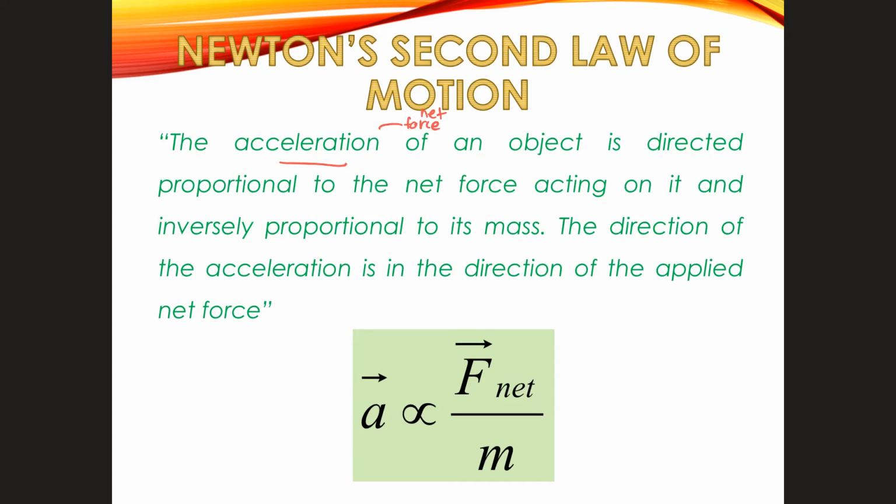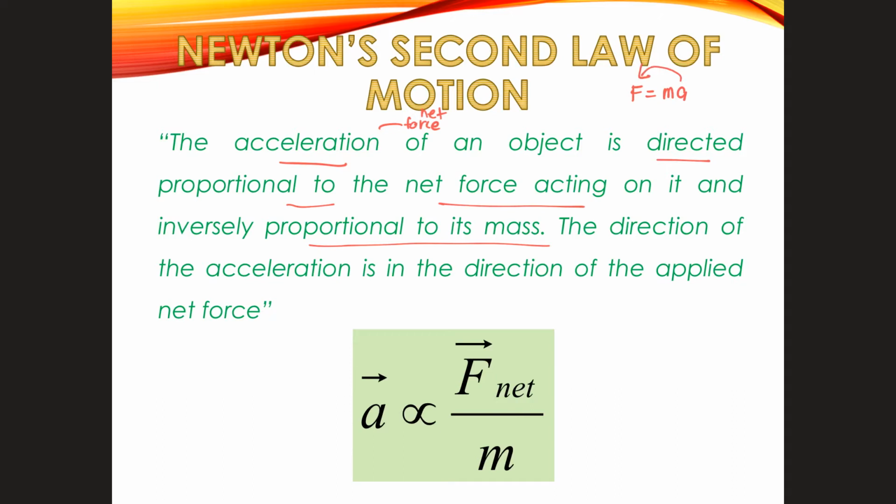So when you have changes in velocity, you are going to have an acceleration. The acceleration is directly proportional to the net force applied and inversely proportional to the mass. So that's why it is related by F equals ma.